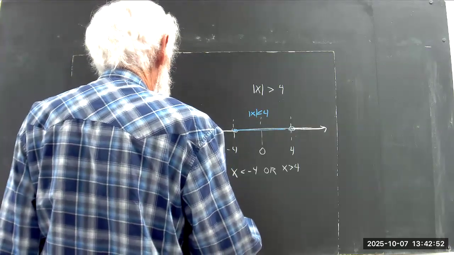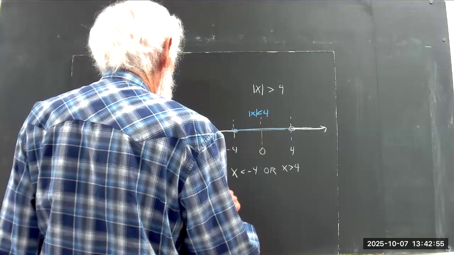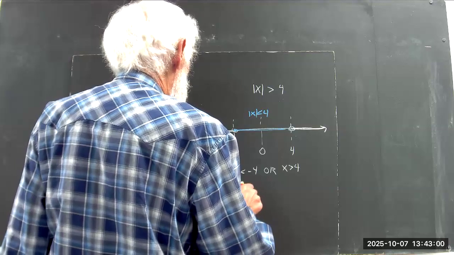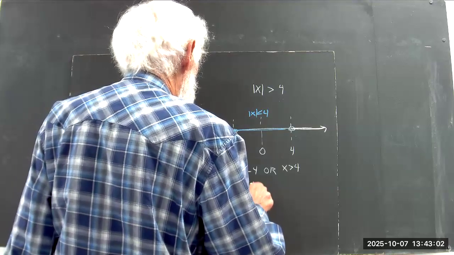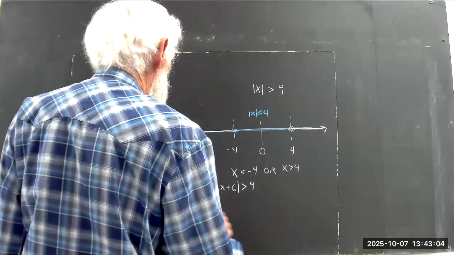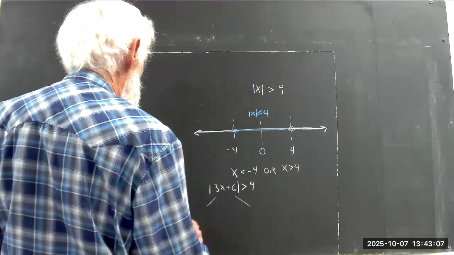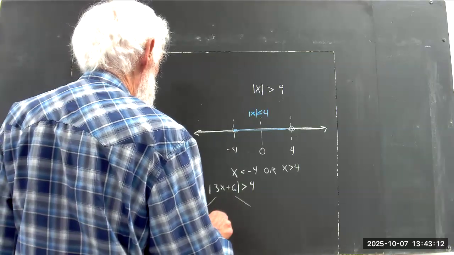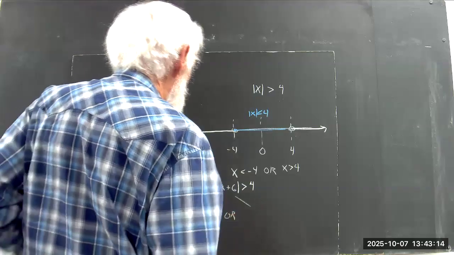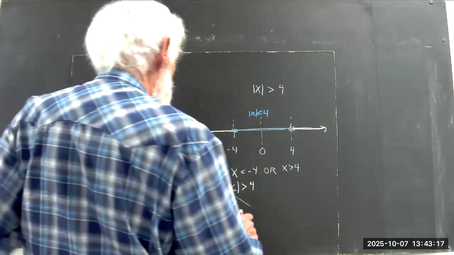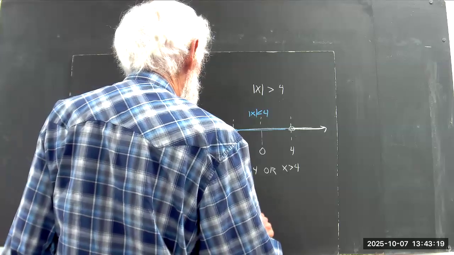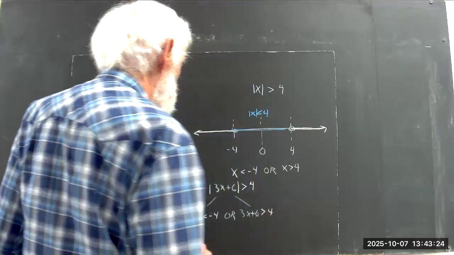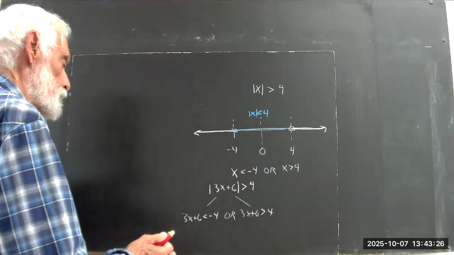So then, for example, absolute value of 3x plus 6 greater than 4 breaks into two inequalities: 3x plus 6 less than -4, or 3x plus 6 greater than +4. And we can solve these inequalities.